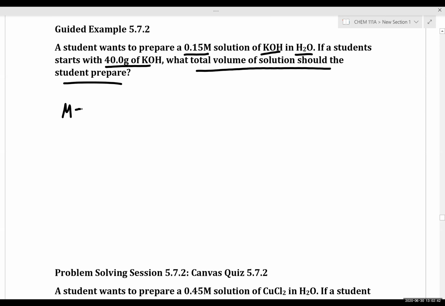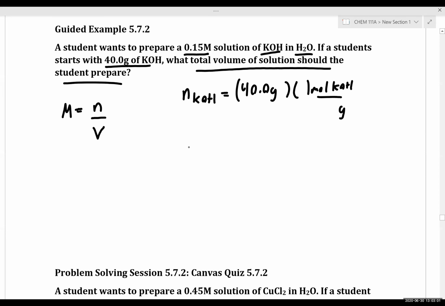We know that molarity is equal to moles over liters. So let's calculate the moles of potassium hydroxide by taking our 40.0 grams. We know that in 1 mole of potassium hydroxide, we have how many grams? What is the molar mass of potassium hydroxide? Well, we take the mass of potassium, which is 39, plus the mass of oxygen, which is 16, plus the mass of hydrogen.